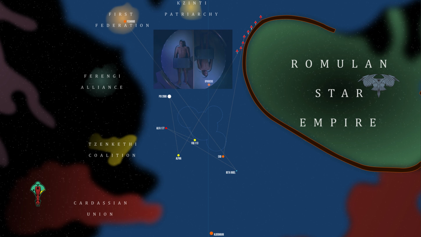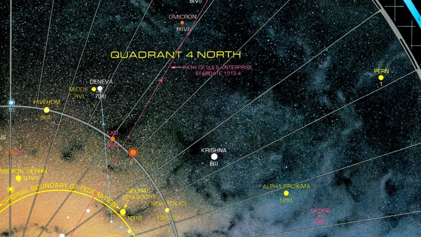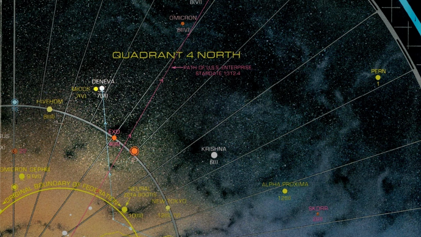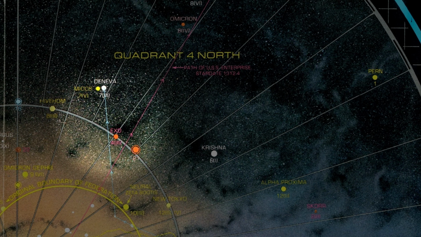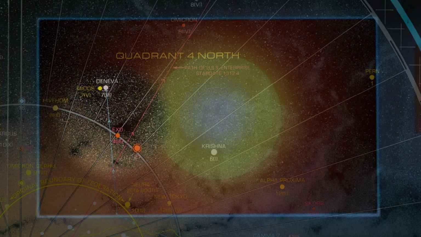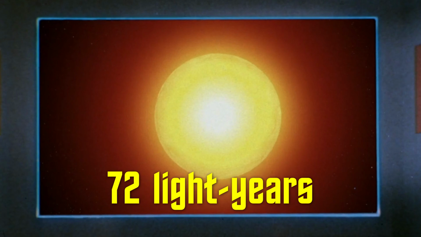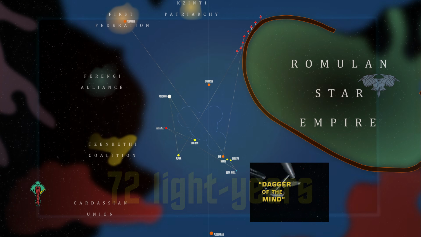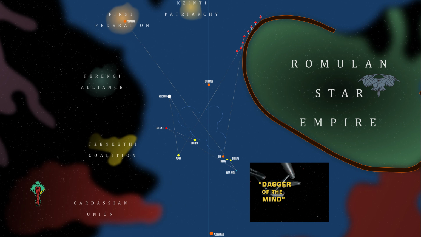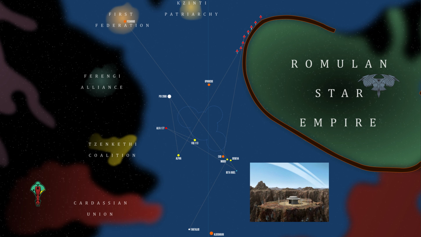The Exo system, which is supposedly near Midos 5 and Earth Colony 2, is also not mapped in modern reference materials. However, Star Trek Maps places Exo and Midos in the Beta Quadrant near Deneva, which orbits Kappa Fornacis 72 light-years away. Episode 10, Dagger of the Mind, sees the Enterprise visit Tantalus 5, home of a Federation penal colony, for a routine cargo drop.